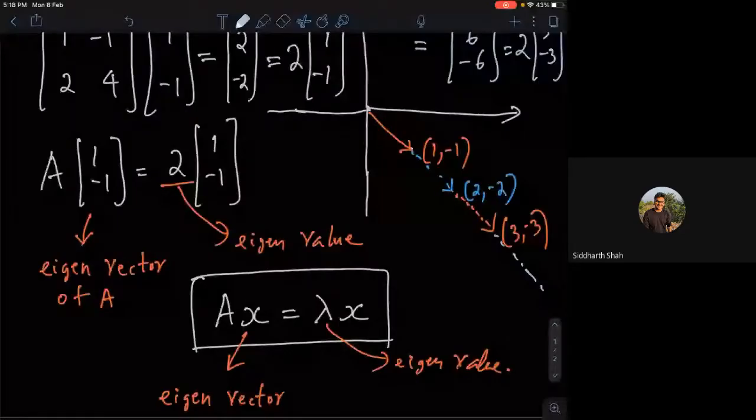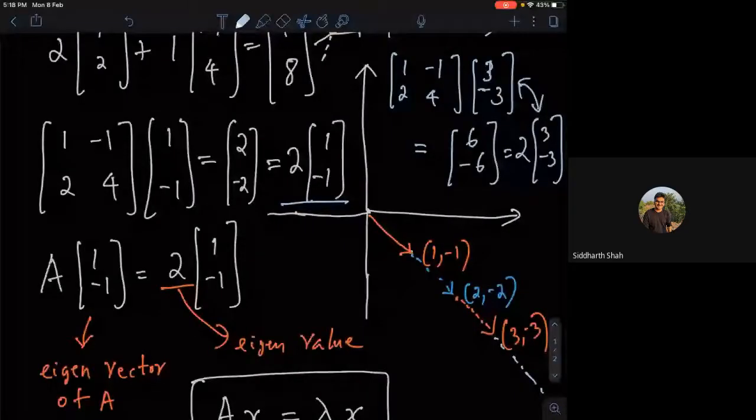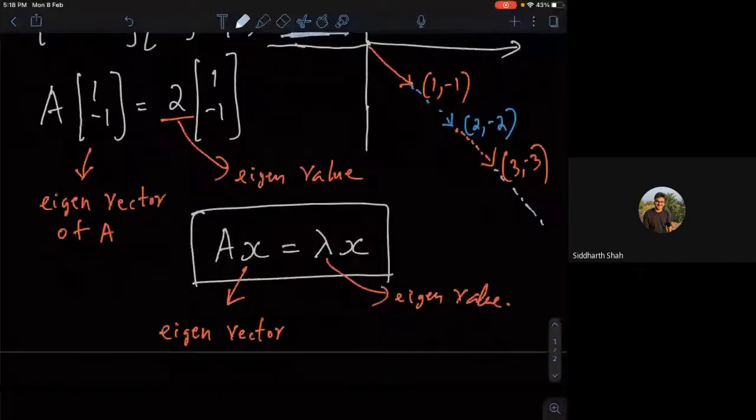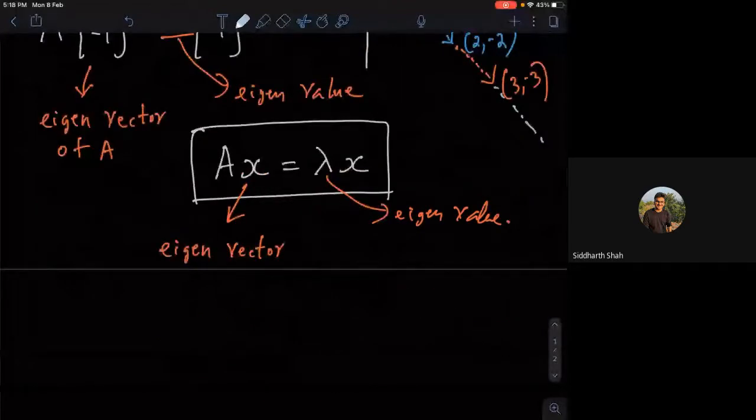In this example, we have found one eigenvector 1 minus 1 and an eigenvalue 2. But as you would soon observe, this is not the only eigenvector and value for this matrix. So the question is, how do I find out the eigenvector and eigenvalue? That's the question we are going to address.